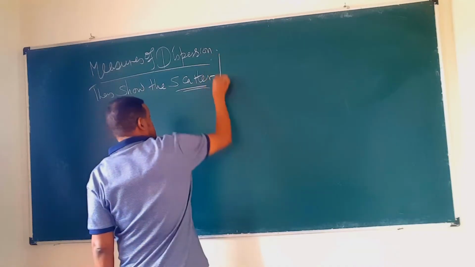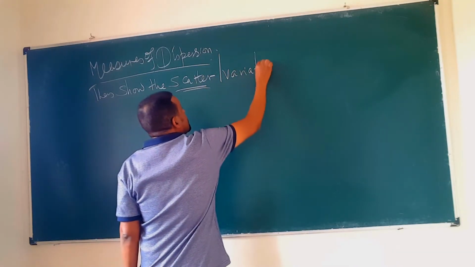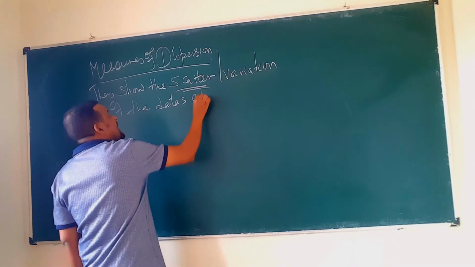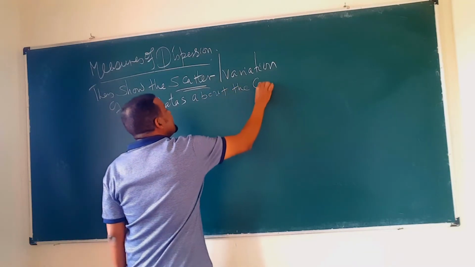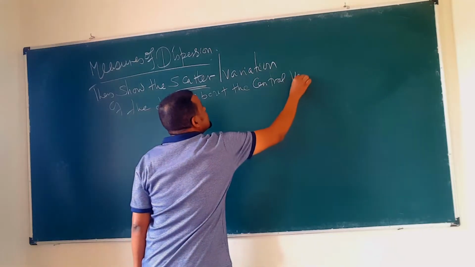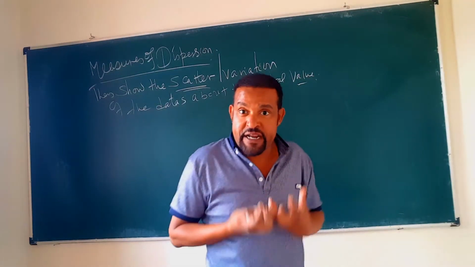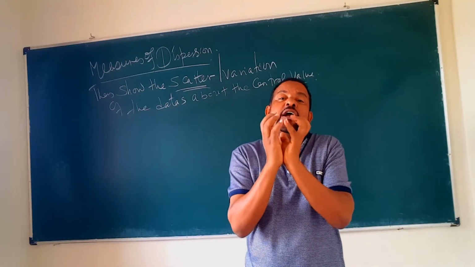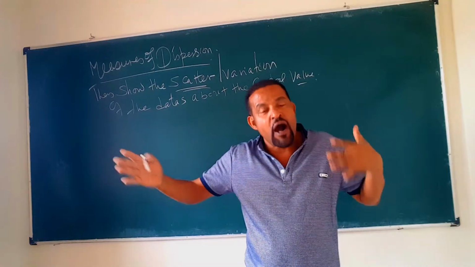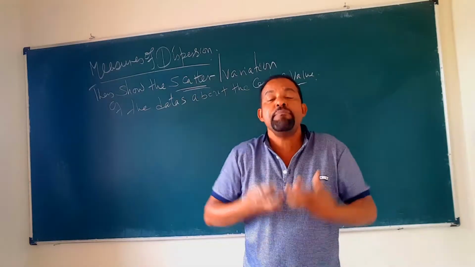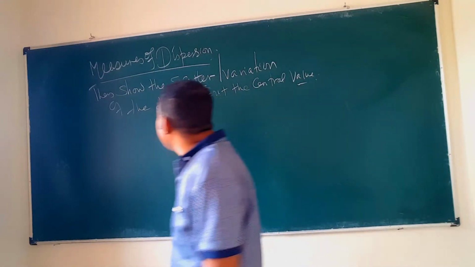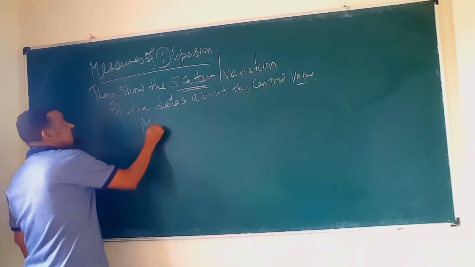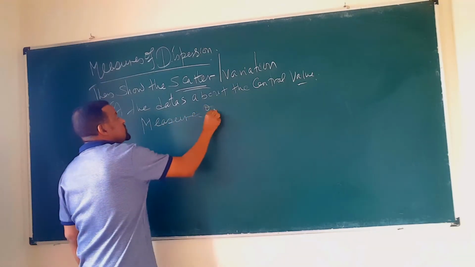They show the scatter or variation of the data or the variables about the central value, which is the average. ስለዚህ የተሰጡንን ዳታዎች ከአቨሬጁ ወይም ከሴንትራል ቫልዩ በምን ያህል ዲግሪ ስፕሪድ አድርገዋል የሚለውን ሰማራይዜሽን የሚሰጡን ኒውሜሪካል ቫልዩስ are called measures of dispersion.